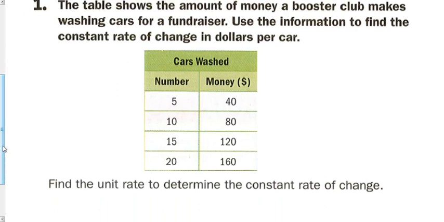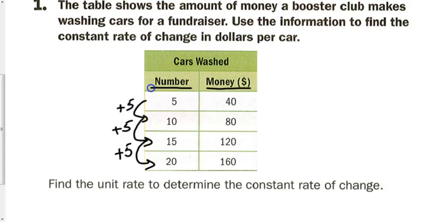We'll look at the number of cars washed first. From 5 to 10 is an increase of 5. From 10 to 15, another increase of 5. And from 15 to 20, another increase of 5. So let's look over then at the cost. From 40 to 80, increase of 40. 80 to 120, an increase of 40. From 120 to 160, we have another increase of 40.